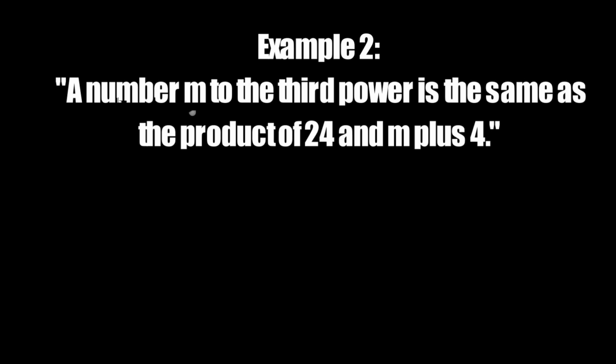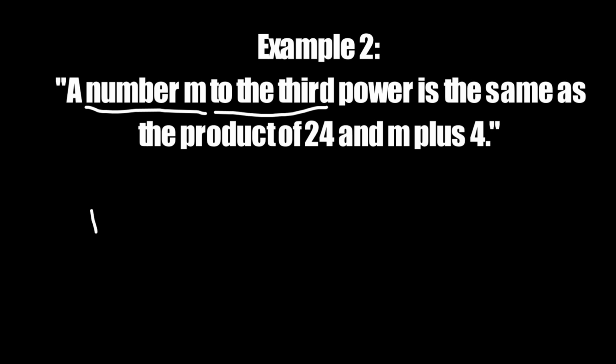A number m to the third power is the same as the product of 24 and m plus 4. So let's break it down here. A number m, meaning m as the variable, to the third power.